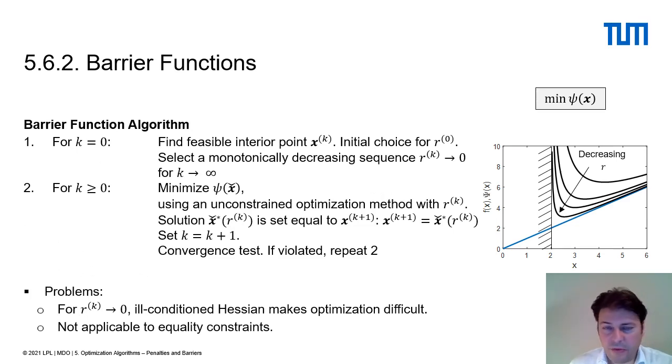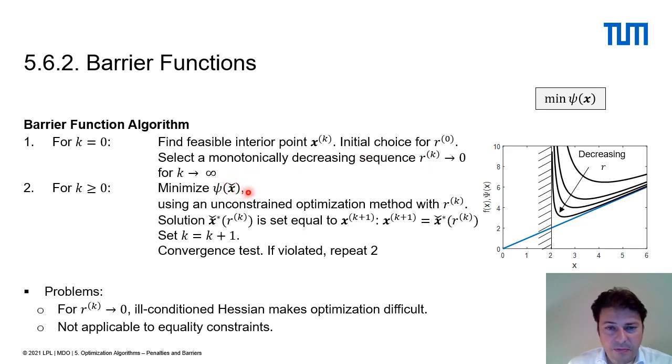So let's look at how that works using these diagrams here. Initially you identify a feasible interior point and you choose some initial value of r. Then you select a decreasing sequence of r that tells you how quickly you want to approach 0.